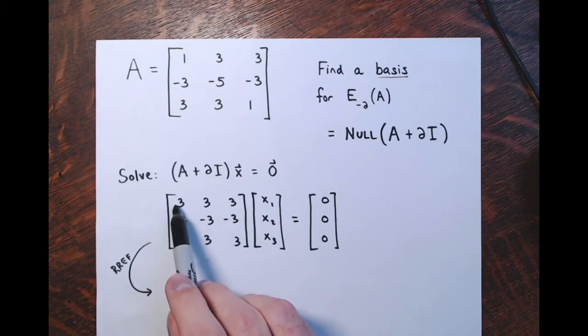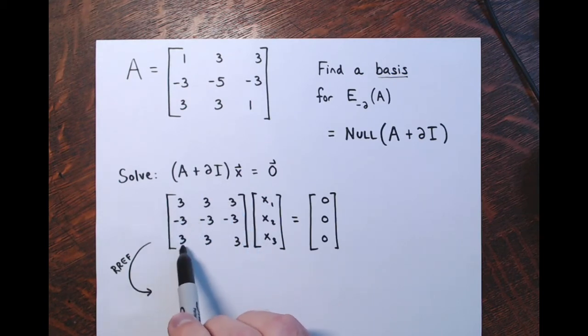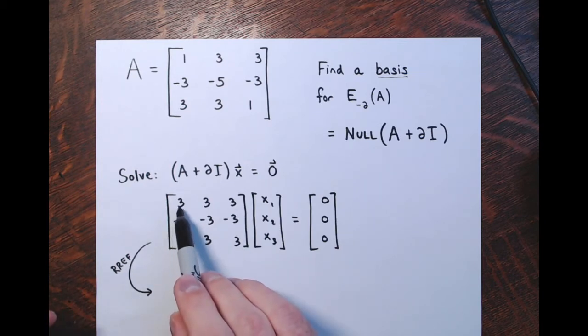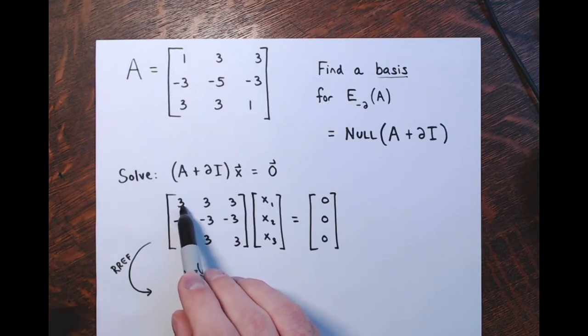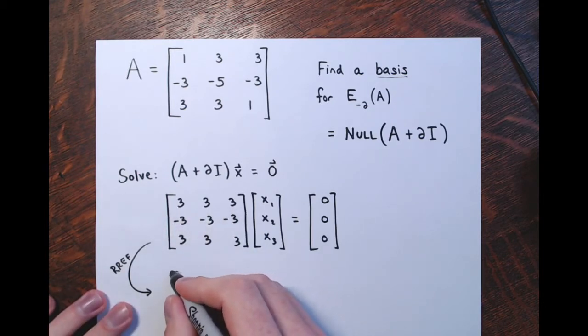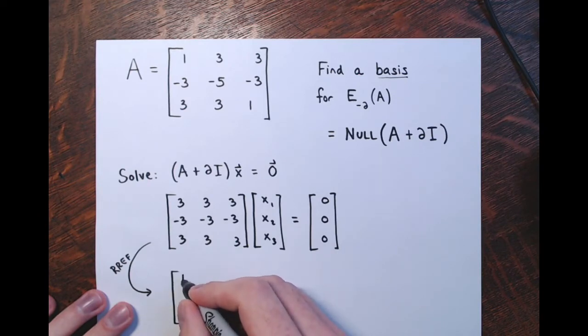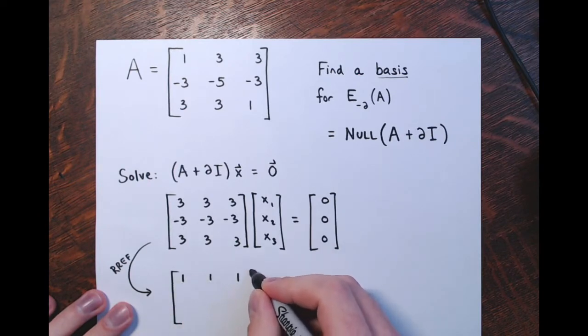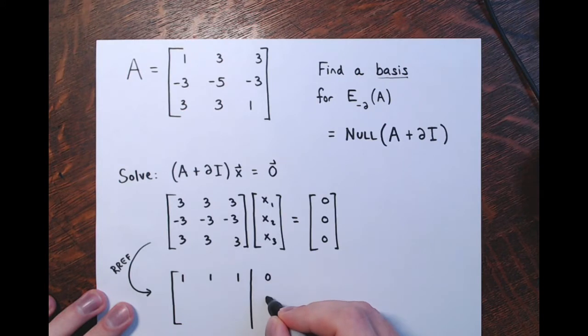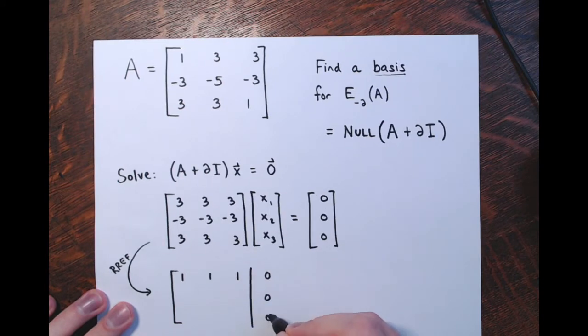If I take the opposite of the first row and add it to the third row, now the third row is all zeros. And then to make sure the leading entry is a 1, get that pivot, that lead 1, I'm going to multiply the top row by a third. So we end up with this. That'll be 1, 1, 1, and then again the column of zeros over here after the bar, and then the other two rows become all zeros.